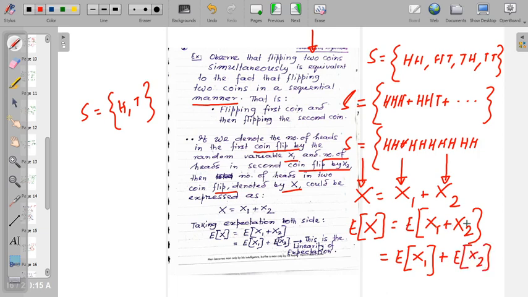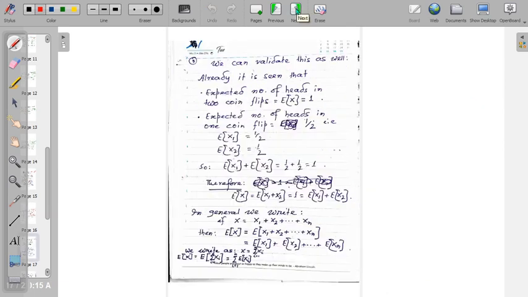So the expectation of X1 plus X2 we can write in this fashion: expectation of X1 plus expectation of X2. So let us take what value comes out of this, the expectation of X.